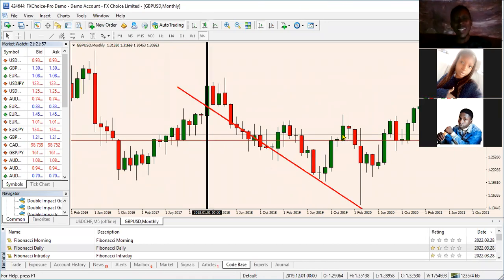Okay, so what is the trend? A trend is simply the direction where a particular currency pair or the market is heading to. We can say in simpler terms, the direction of the market, that is what we mean by the trend.